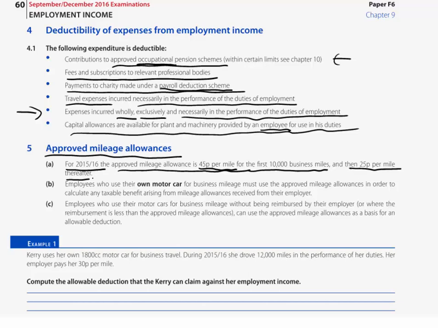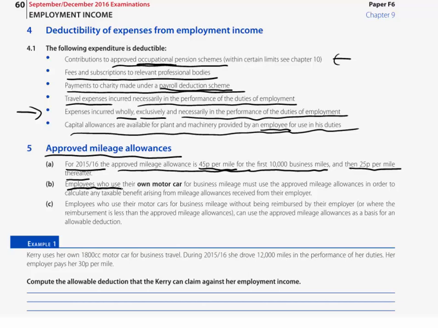So what is the exercise that we have to perform as a working to determine either any employment income assessment or indeed maybe any allowable deduction from employment income? It is to compare, based on the level of business mileage given in the question, what would be the approved mileage allowance as compared to the payments actually made by the employer to the employee.